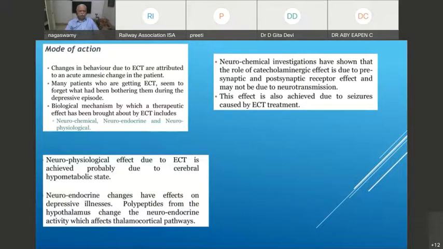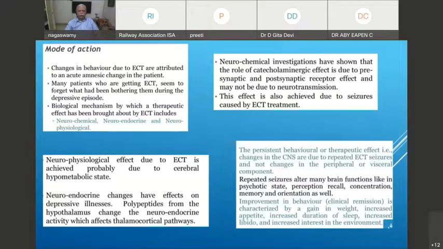Physiological change is because of the cerebral hypometabolism that happens because of the ECT, and endocrine polypeptides from the hypothalamus change the neuroendocrine activity and affect the thalamocortical pathways. So there are three mechanisms: neurochemical, neuroendocrine, and neurophysiological.